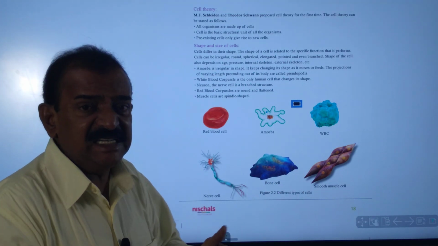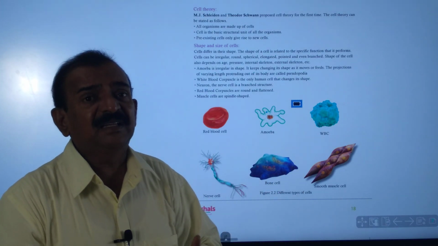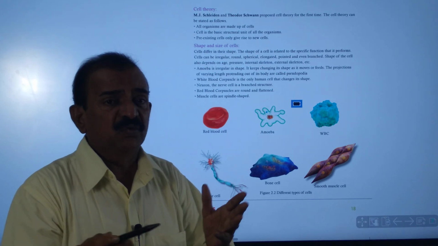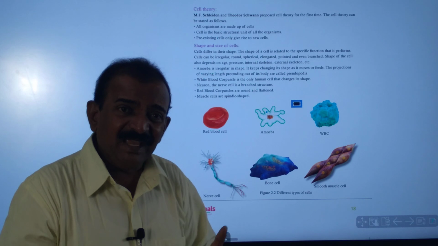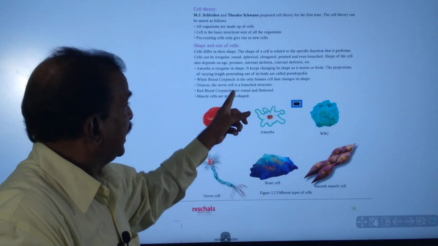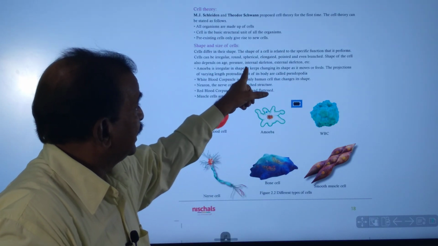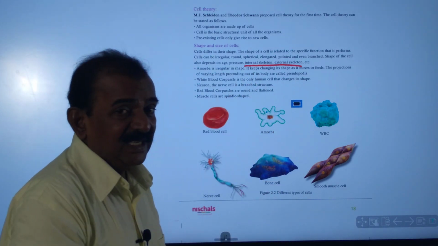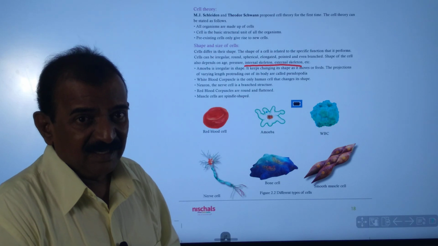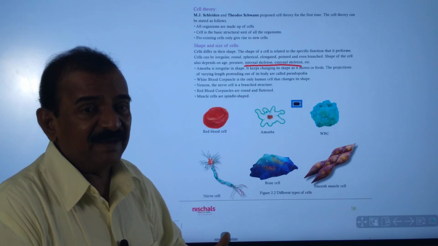So cell shape depends upon the organ performing its own function, and the shape of cells also varies based on their age and function, pressure, internal skeleton, and external skeleton. The shape of the cell varies and changes from time to time.